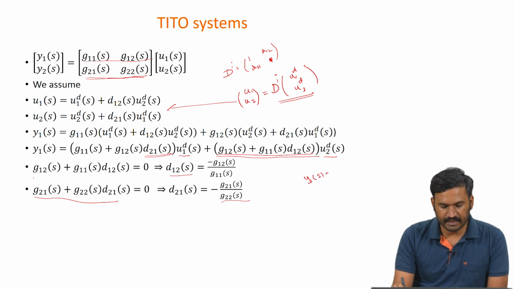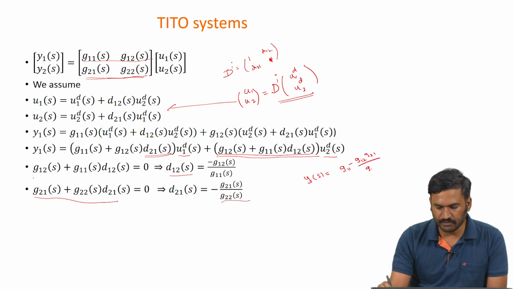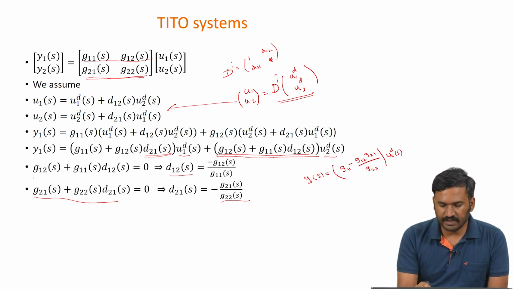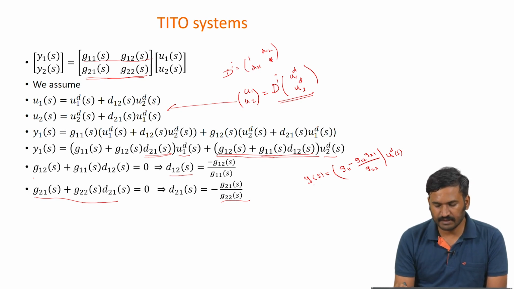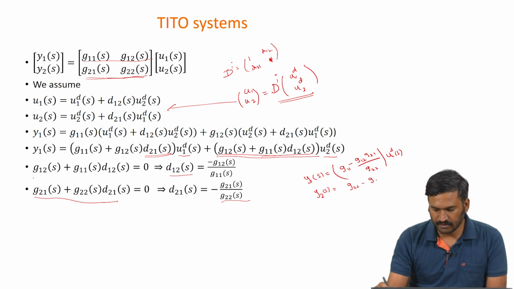So, y1 of s is g11 minus g12 into g21 divided by g22, into u1d of s. Now, because we equated this term to 0, this will go to 0. Similarly, we will have y2 of s equal to g22 minus g21 times g12 divided by g11, into u2d of s.